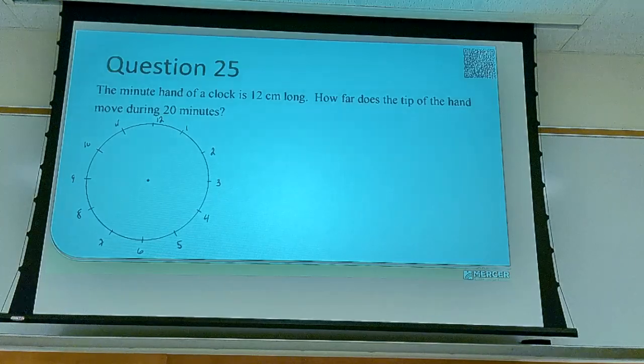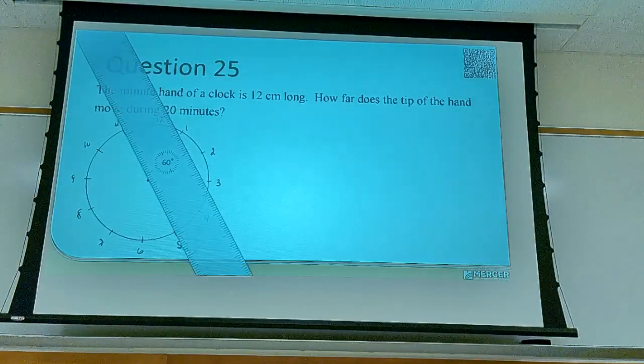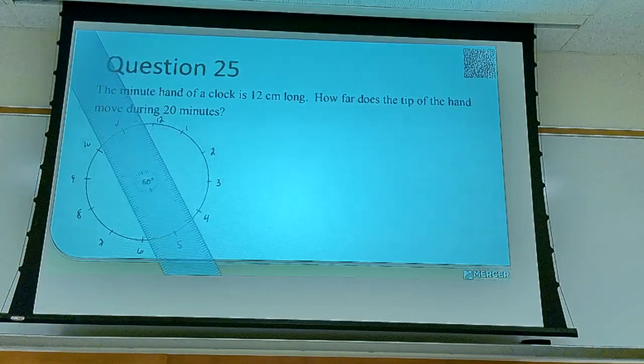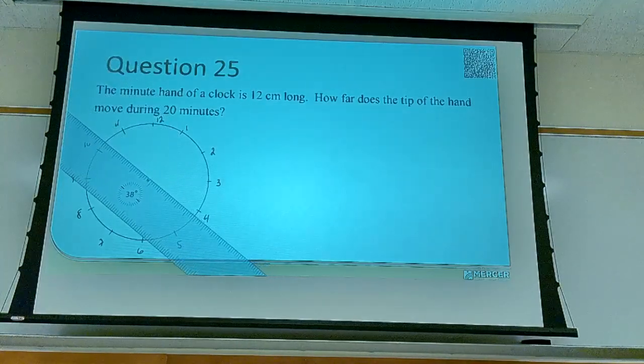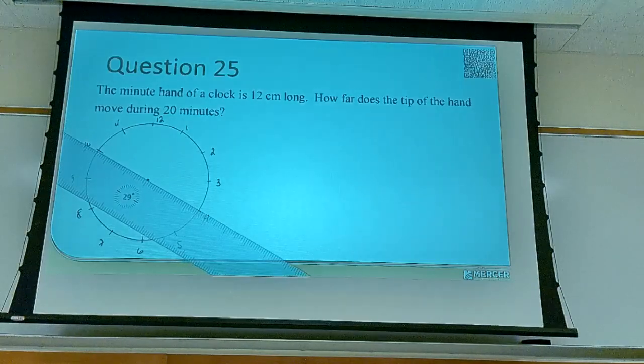That'd be our clock. So they say the minute hand is 12 centimeters long, so that's going to be the radius. How far does the tip of the hand move during 20 minutes? Well, 20 minutes would go out to what? 20 over 60. 20 minutes would go out to that 4, wouldn't it?